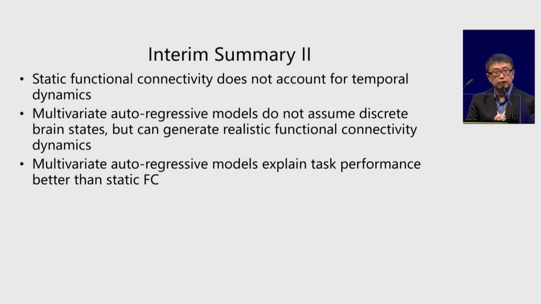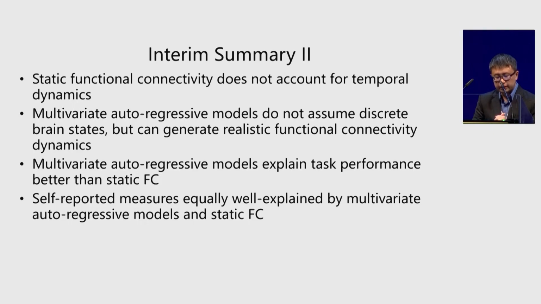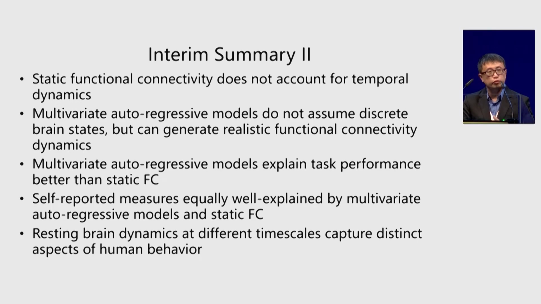Raphael also shows that multivariate autoregressive models can explain task performance better than static FC, functional connectivity, and self-reported measures are explained equally well by both. Therefore, resting state brain dynamics at different time scales can capture distinct aspects of human behavior.